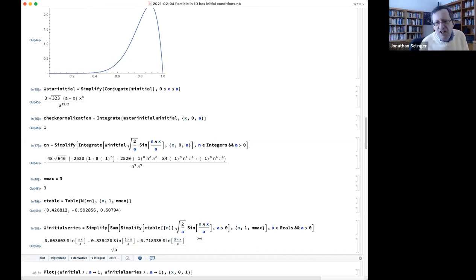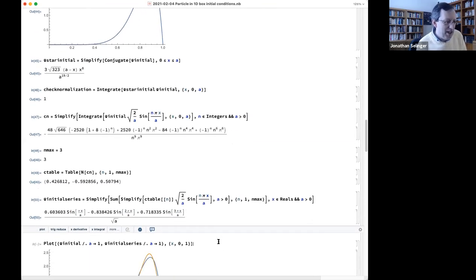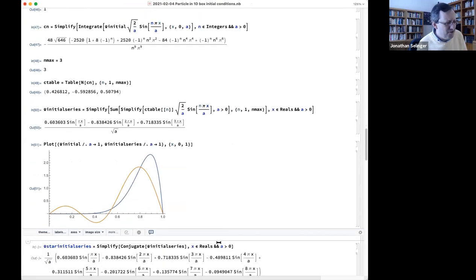Let's check, is this a good approximation to the initial function? Make a plot. Oh, that's kind of disappointing, isn't it? It's not really a very good approximation. So the initial function is blue, our approximation is orange, not so good.